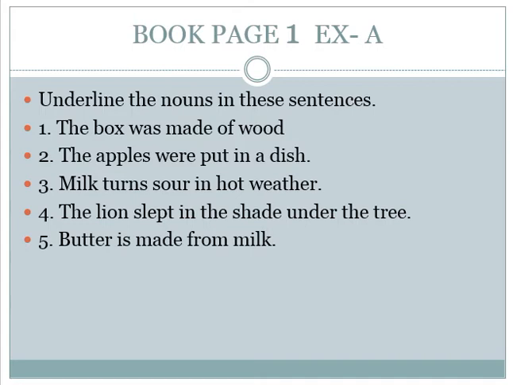Number 1 is lion. Number 2 is shade. And number 3 is tree. Number 5 is butter is made from milk. Here in this sentence there are 2 nouns. Think and underline it. Later I will tell you the answer. Yes, students, butter and milk are nouns in this sentence.